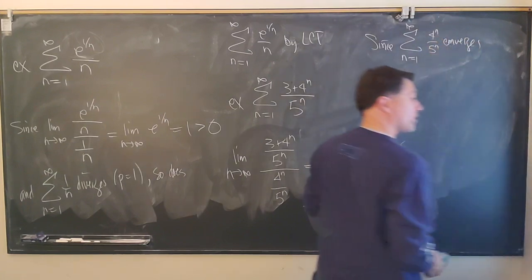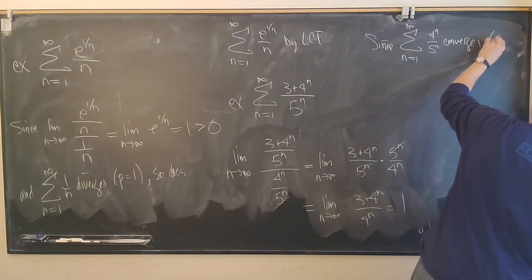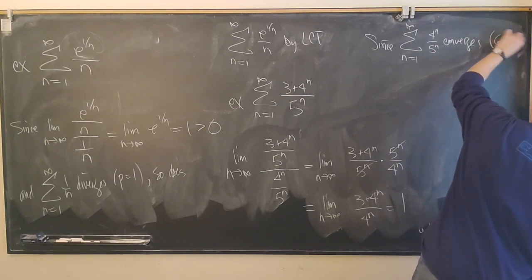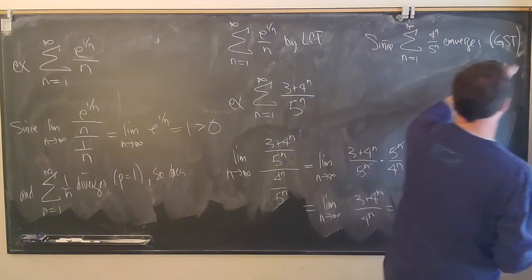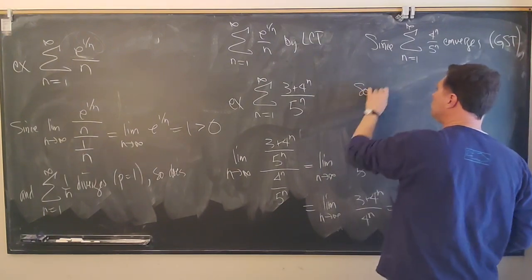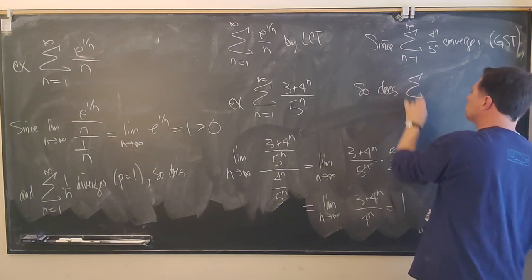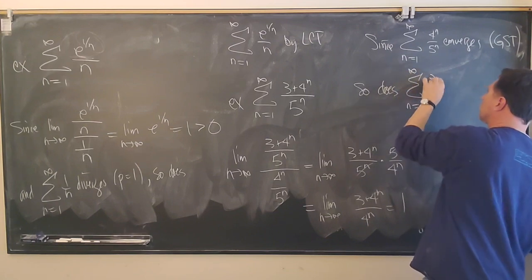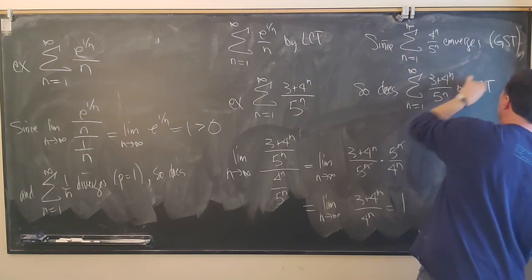This is a geometric series, right? So this one converges. This is the first example where we weren't comparing it to a p-series, right? By the geometric series test, I know that this one converges. So does our original, by the limit comparison test.